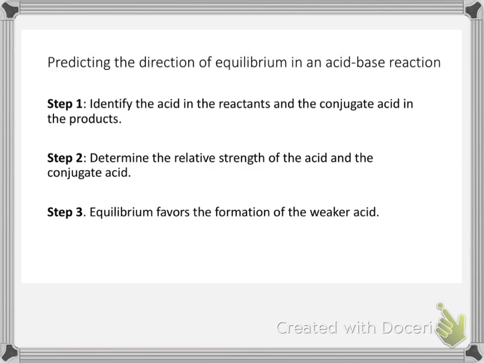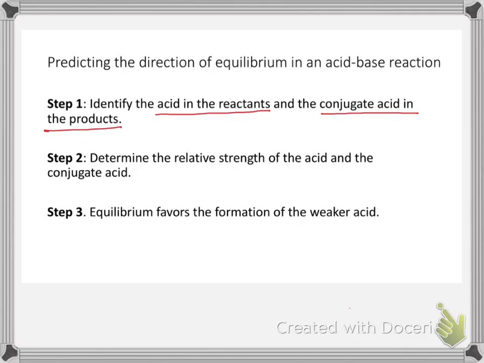So here are the steps, and I'm going to work through these steps on the next slide. I have an example, but we're going to label our equation, identifying the acid, which will be on the reactant side, and the conjugate acid on the product side. So we're going to identify those first.